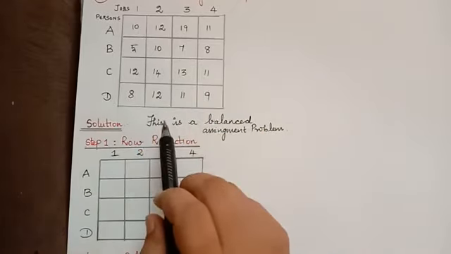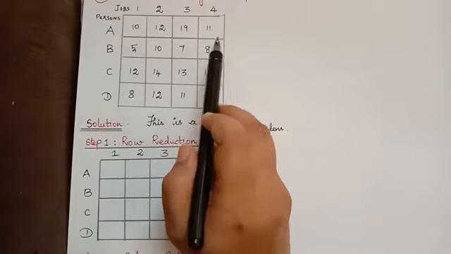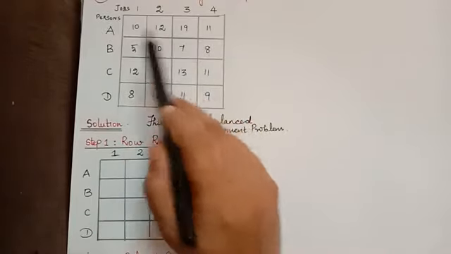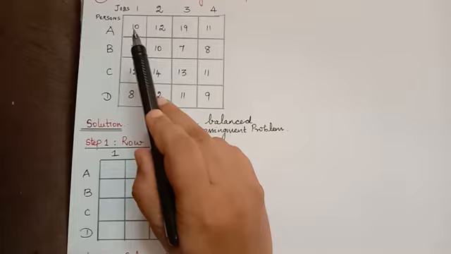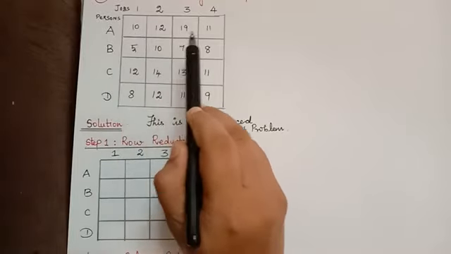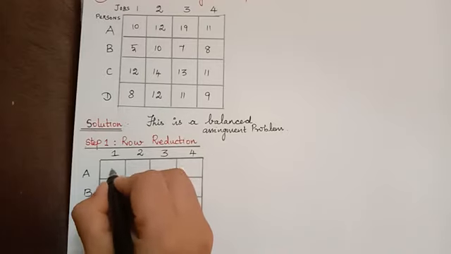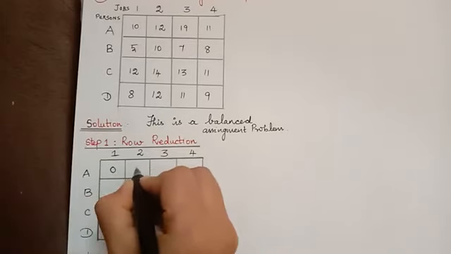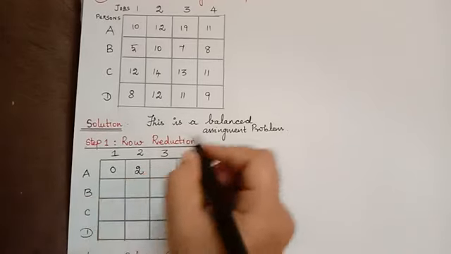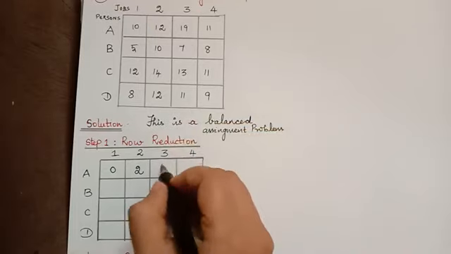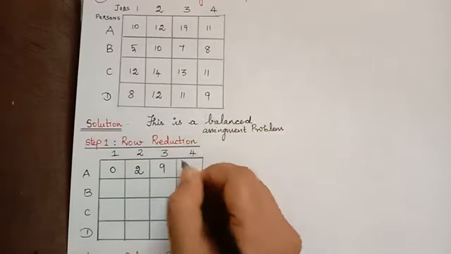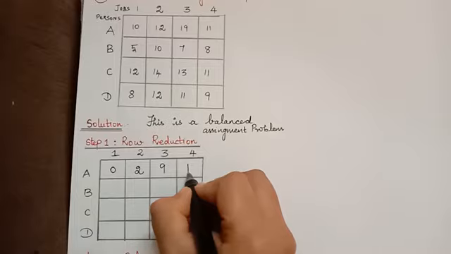Now in this problem, in the first row, the minimum element is 10. Now we have to subtract 10 from all the elements of the first row. So 10 minus 10 will be 0, 12 minus 10 is 2, 19 minus 10 is 9, and 11 minus 10 is 1.